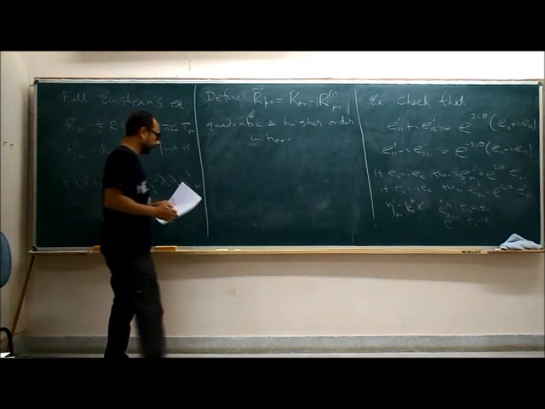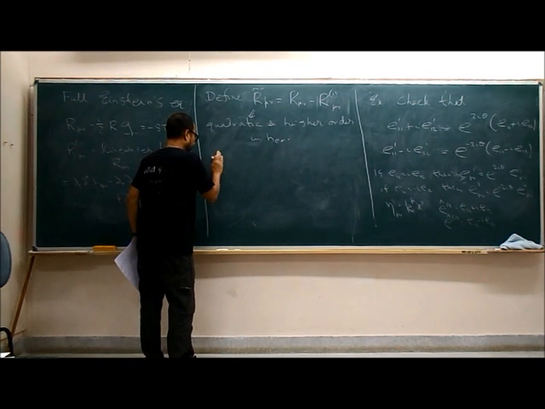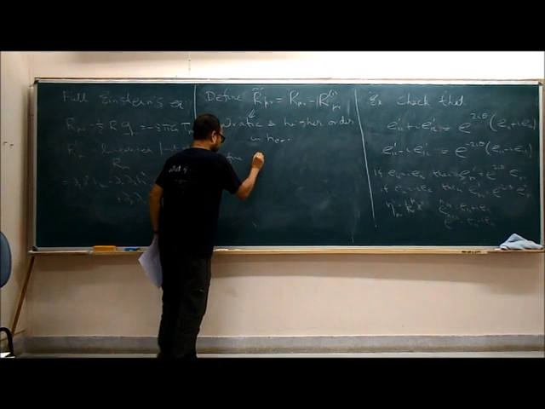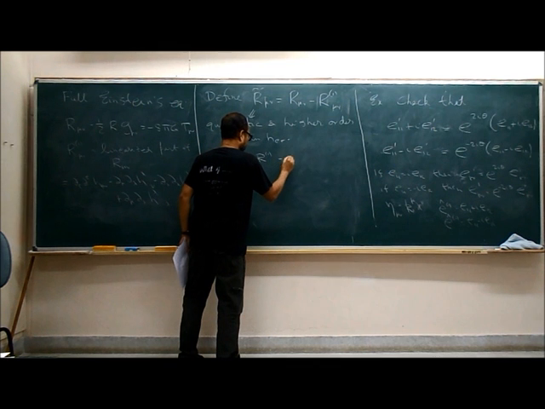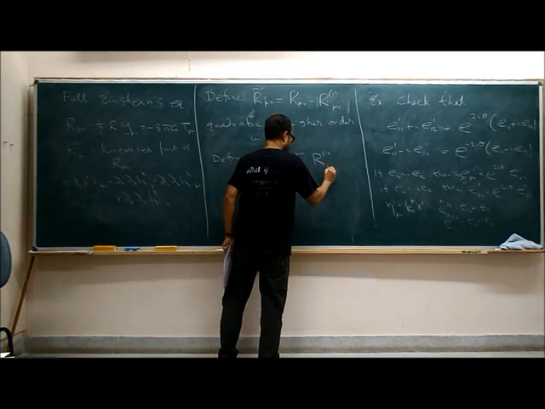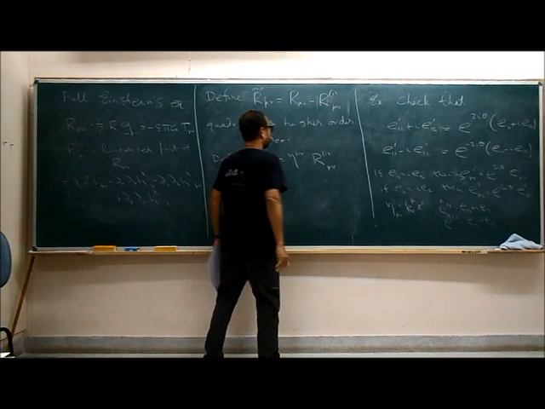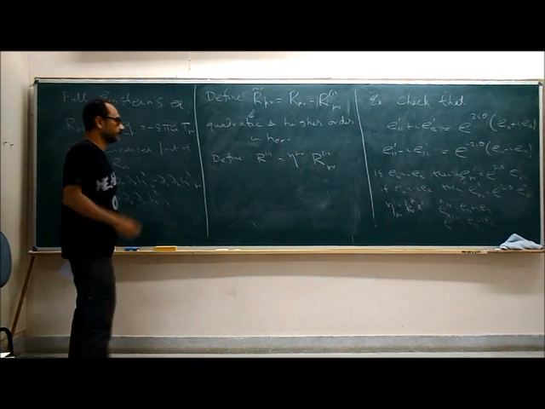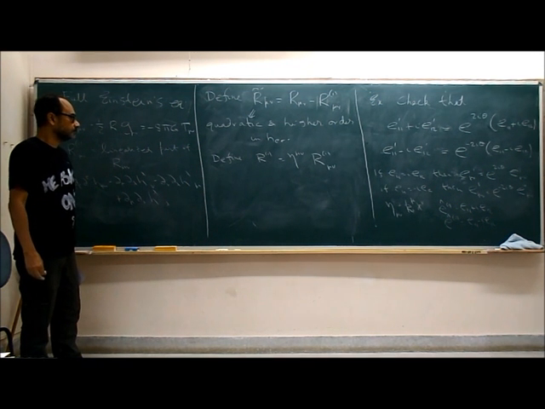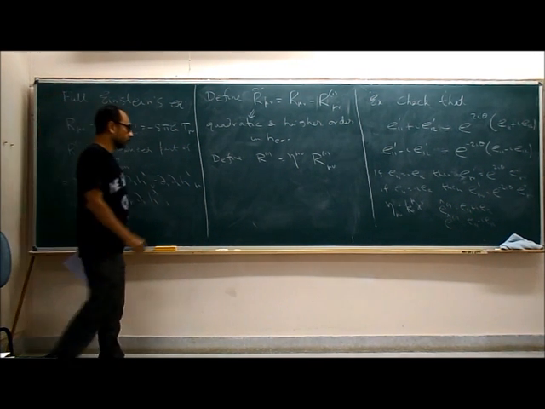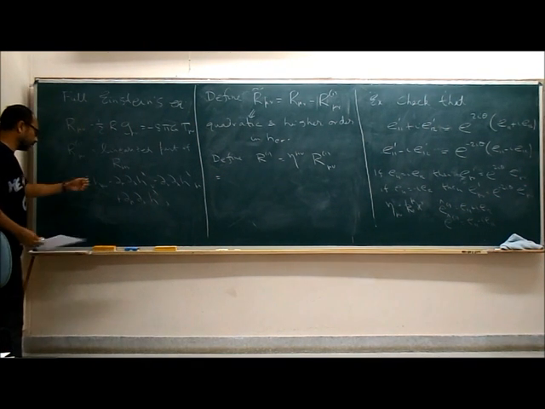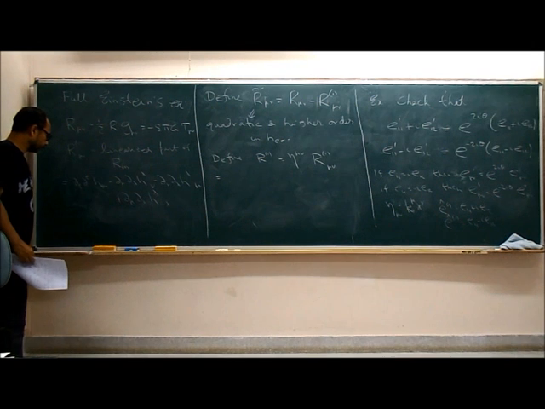We also define R1 as eta mu nu times R1 mu nu. So this again you can work out what this is. All you have to do is just multiply by eta mu nu.